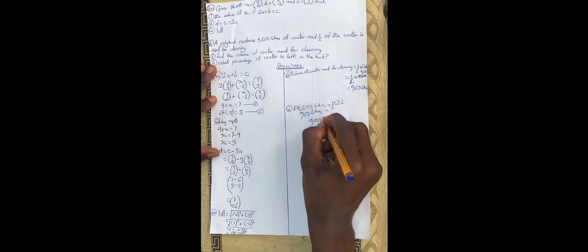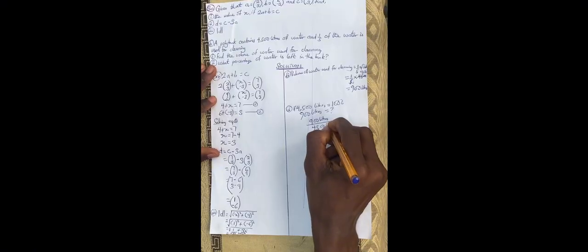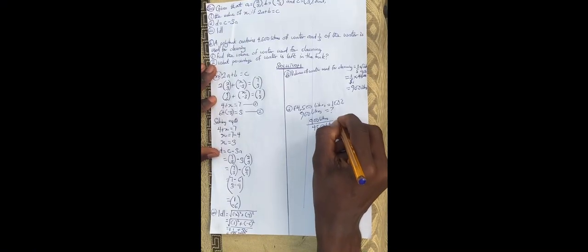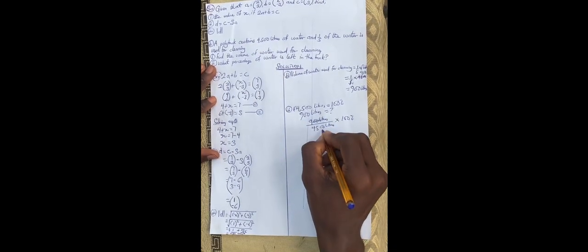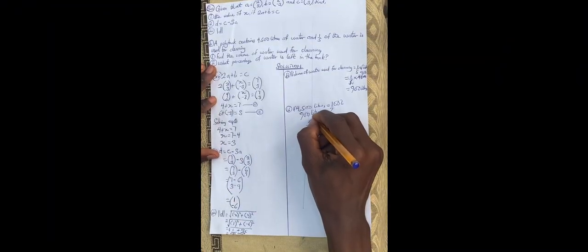We don't know. So we'll be having what? The 900 liters all over what? The 4,500 liters expressed as what? A percentage. So these two zeros will cancel these two zeros. I hope you are following. Now, this 9 here will go into itself once.